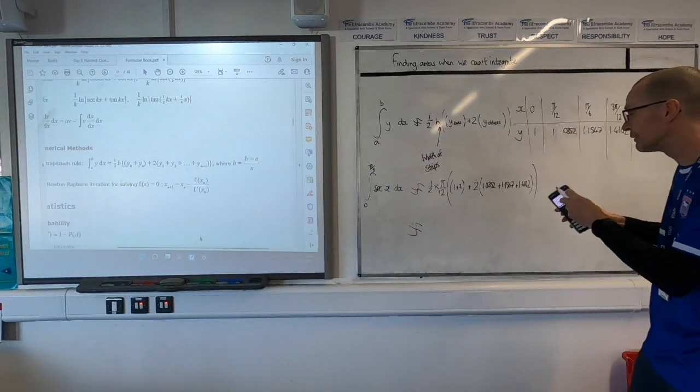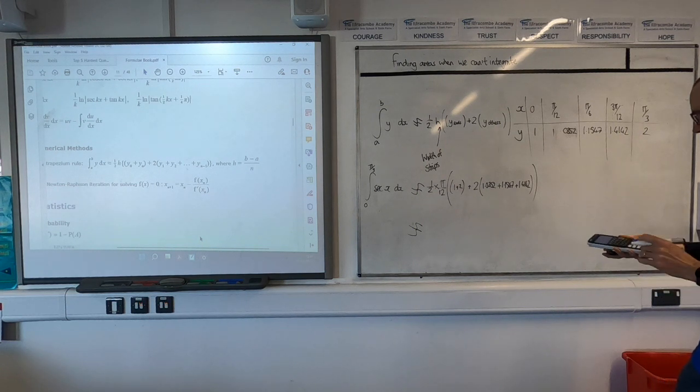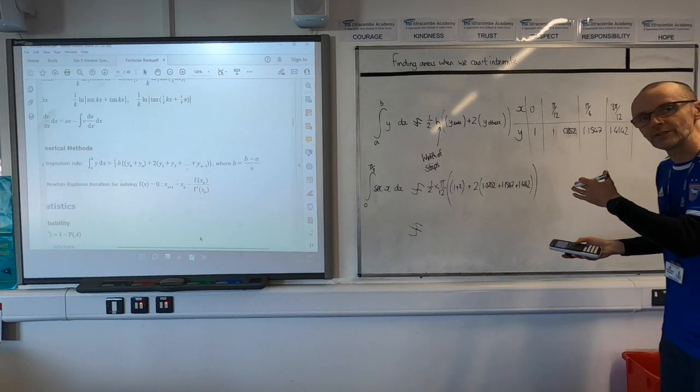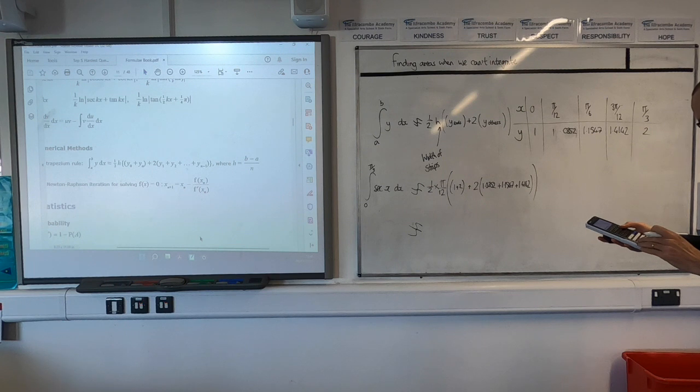And because we're using rounded values, we would be foolish to write it any more accurately than the values we've used. So I'm going to write my answer to 4 decimal places.